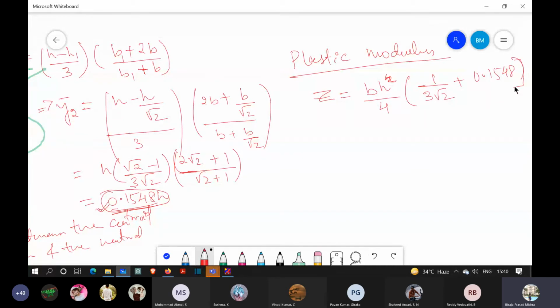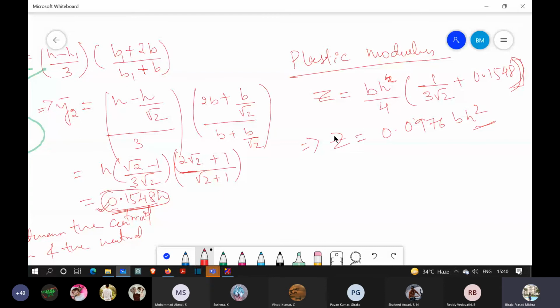So this becomes 0.0976 BH square. That is your plastic modulus.